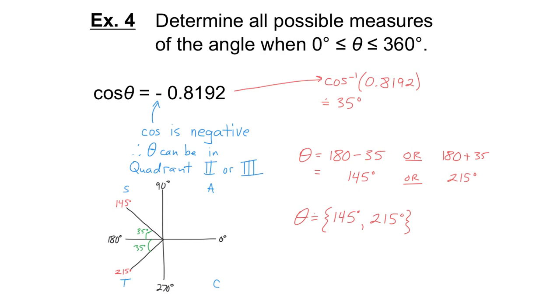So in the first case, in quadrant 2, it's 180 minus 35 to get to 145 degrees. And in the next case, when the terminal arm is down here in quadrant 3, the angle is 180 plus 35 to get to 215 degrees. So we have two possible answers for our angle, 145 or 215 degrees.